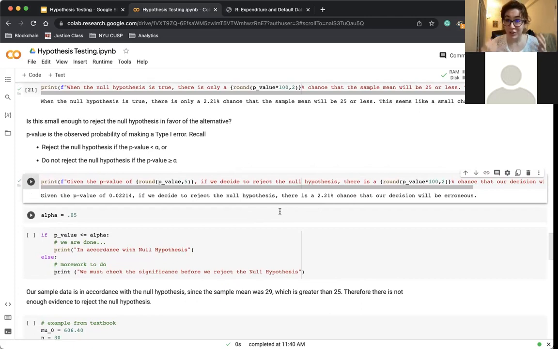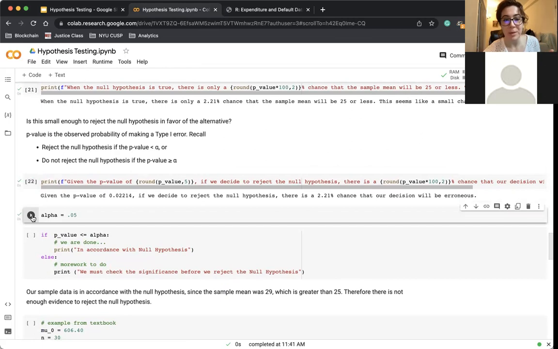That we just got it due to chance, that there wasn't actually any relationship between someone being young, below 25, and being rejected from a credit card. What's the probability that we just made this rejection due to chance? And this probability gives us the statistics to put that into a quantitative value.